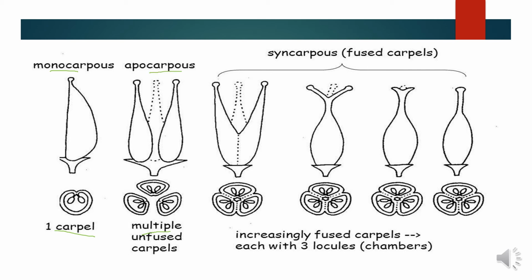And when there are many carpels and they are fused, then it is called syncarpous. Syn means together, and carpel, we know, is actually the female part. So when they are fused, it is called syncarpous. And the number of chambers, here it is given as 3, it can be more than 3. So this is the mode of arrangement of several carpels.